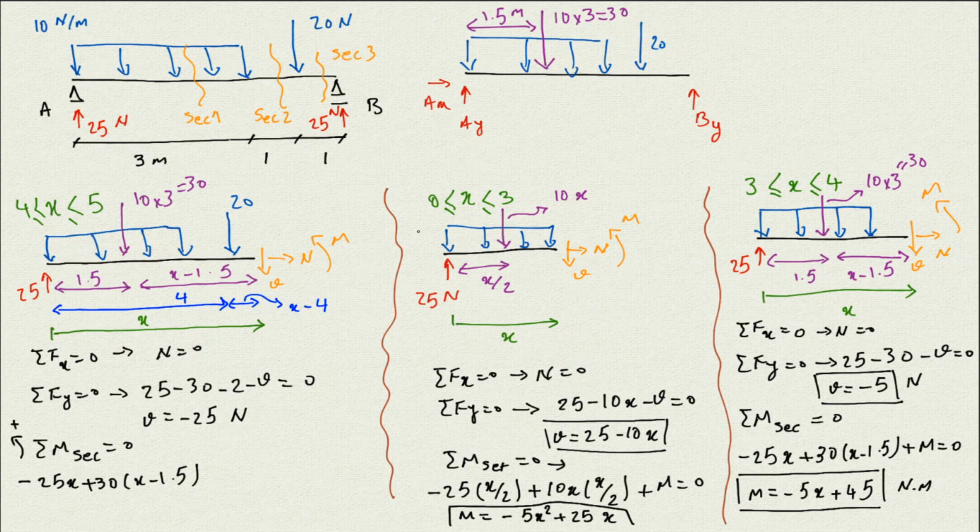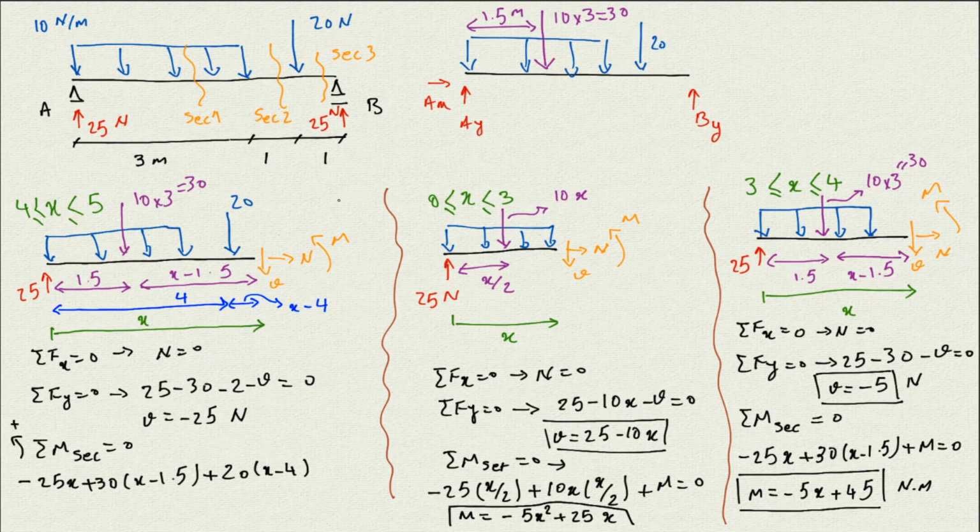So it's a 20, so we have this 20 Newton here, and the normal distance is 20, and the section is x minus 4. And it rotates counterclockwise, so it's going to be positive about the section.